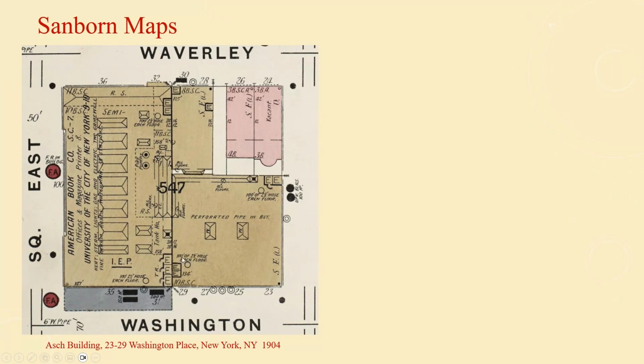It had 100 feet of 2.5-inch hose on each floor, fire hose providing fires. It's colored to indicate that it's a fireproof building.